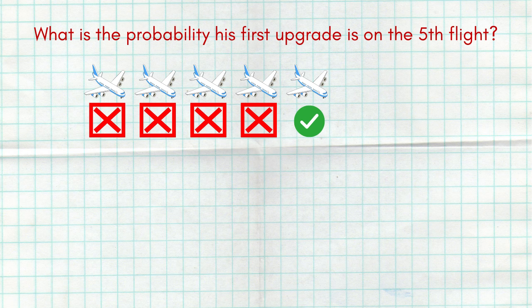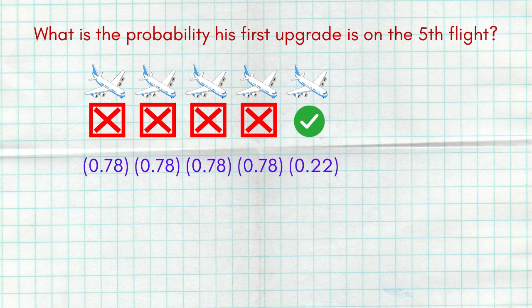So again, we are allowed to multiply here because the outcomes are independent. So that'd be 0.78 for the first failure, 0.78, 0.78, 0.78, and then on that 5th trial, 0.22 for the success. So I could shorten that up with exponents, 0.78 to the 4th times 0.22, or 0.0814.